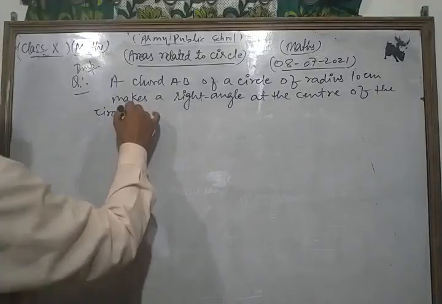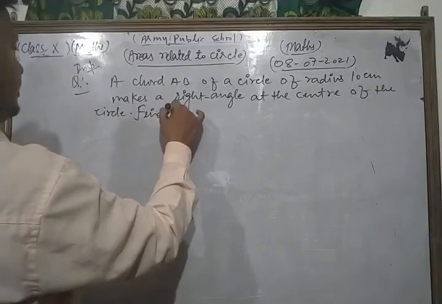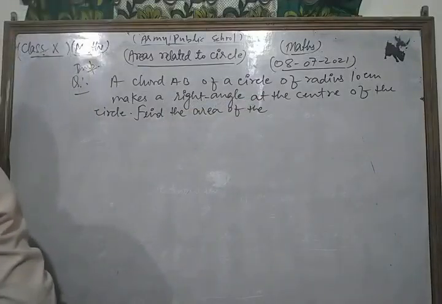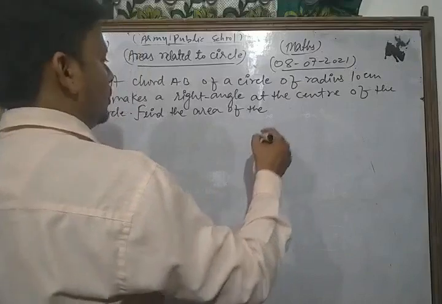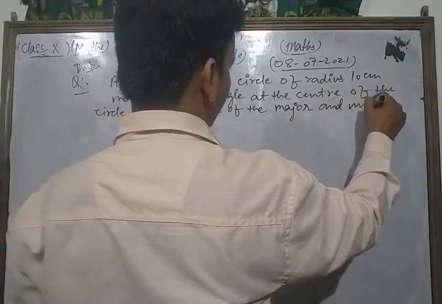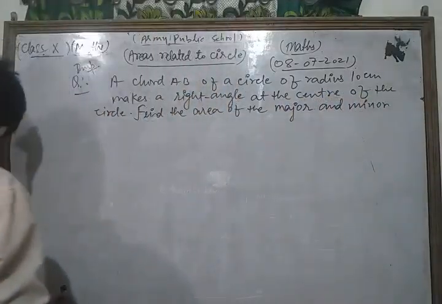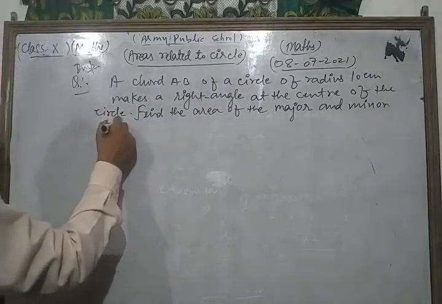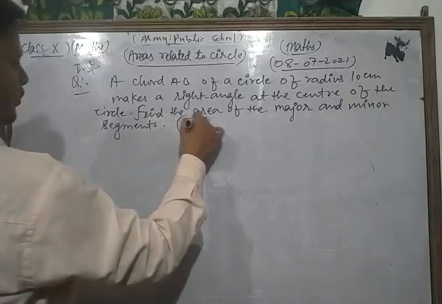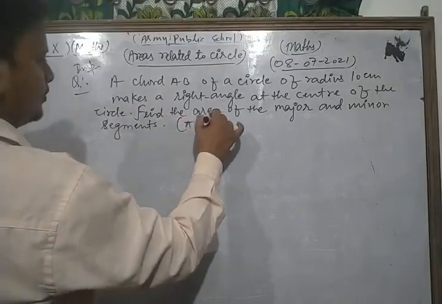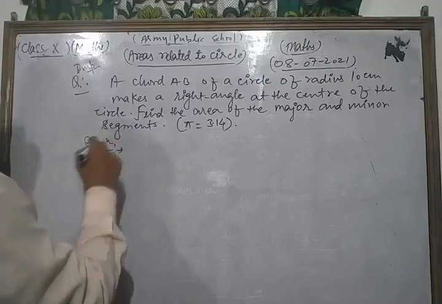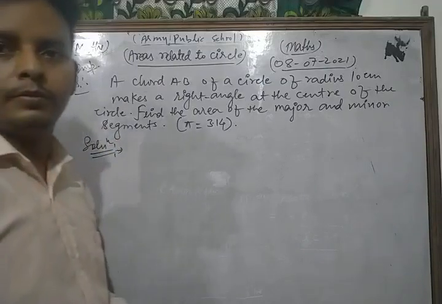Find the areas of the major and minor segments, and take the value of pi as 3.14. Now let's see its solution.